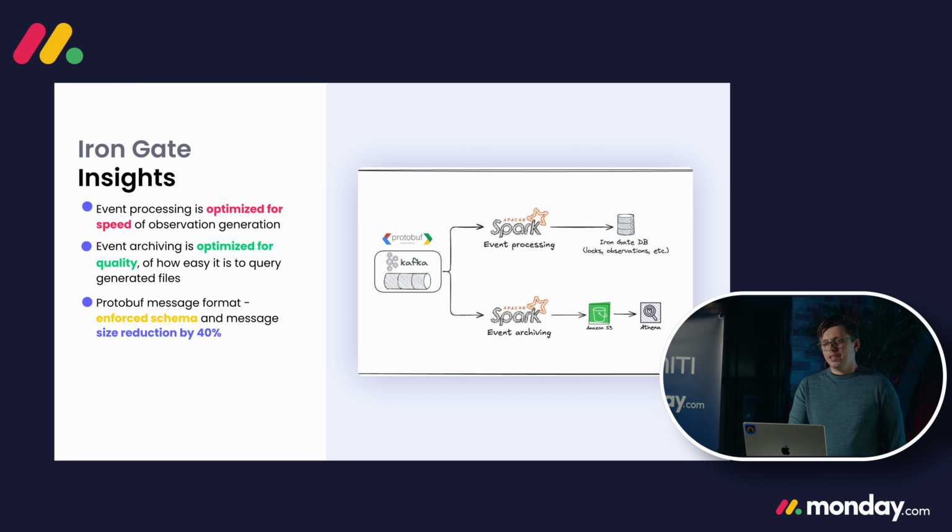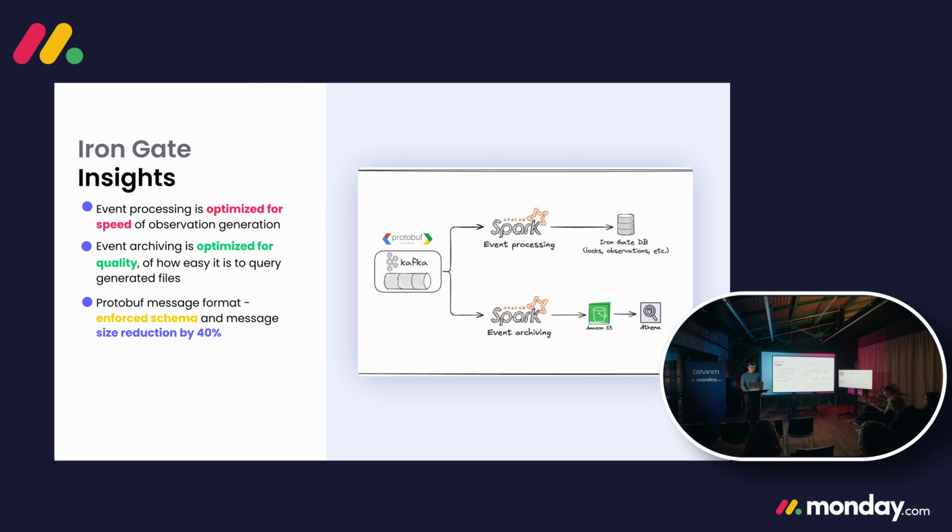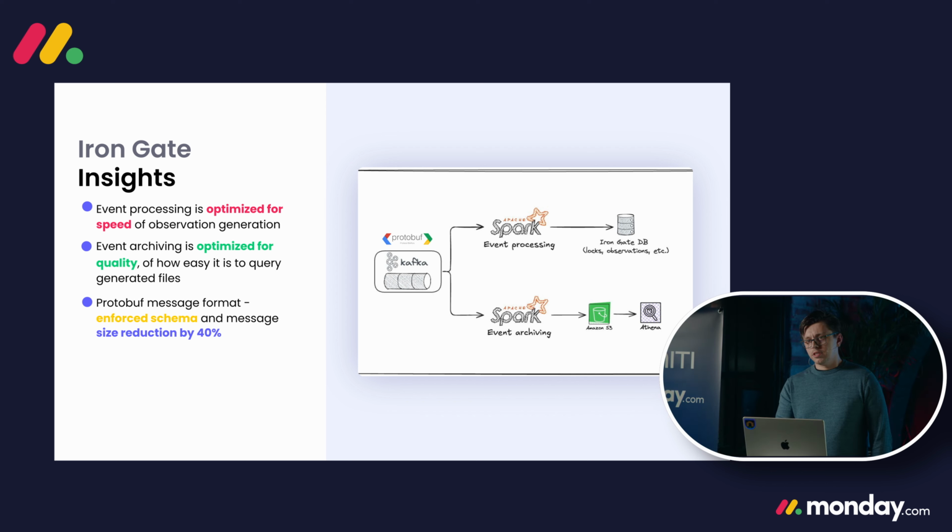Without an enforced schema, we could have a situation where someone sent us the request duration as 30 milliseconds, and in another event it was a dog, and it just doesn't make sense to aggregate that information. So we introduced protobuf instead of JSON, with an enforced schema. Thanks to that, we had a guaranteed structure of the information, and it also reduced the size of the events by about 40%, which gave us some headroom for future expansion, which was pretty nice.